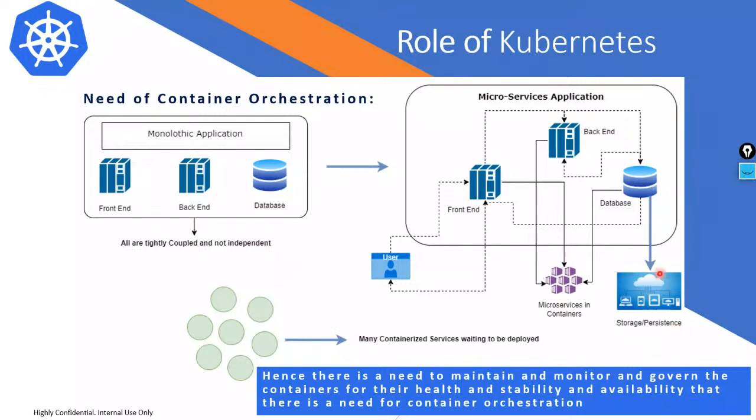Storage persistence: your data is safe because you can persist your data anywhere over the cloud using simple services of Kubernetes. Also, in future, there can be many microservices waiting in the queue to be deployed. Doesn't matter. Kubernetes has a huge capacity to service all these microservices.